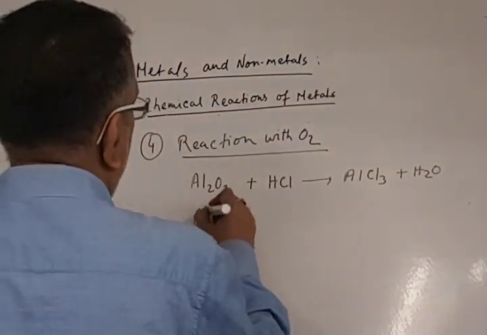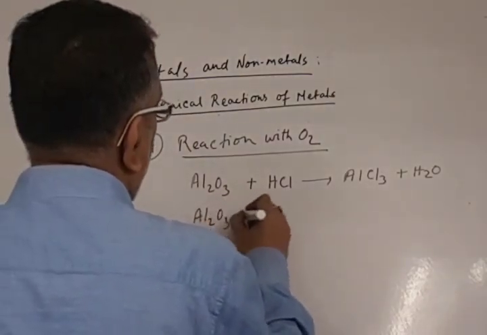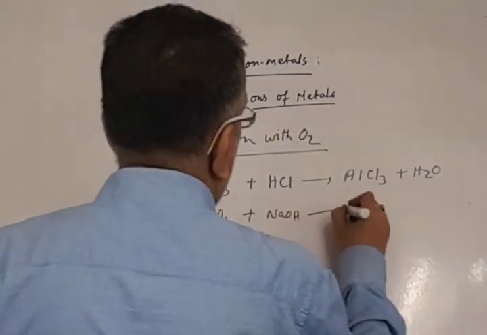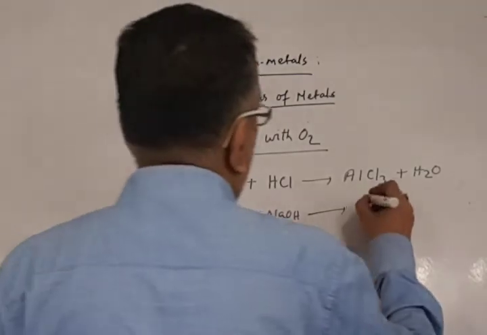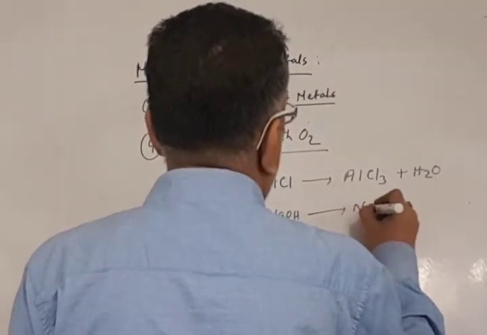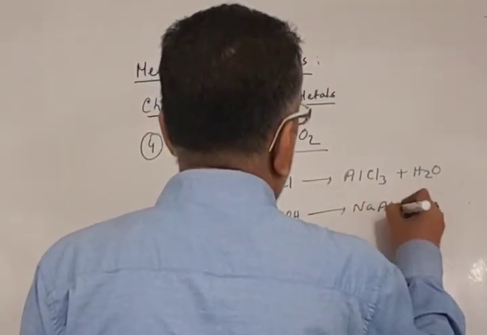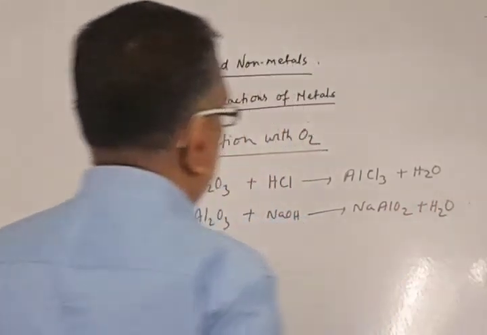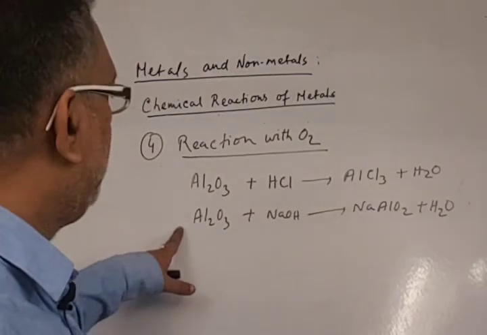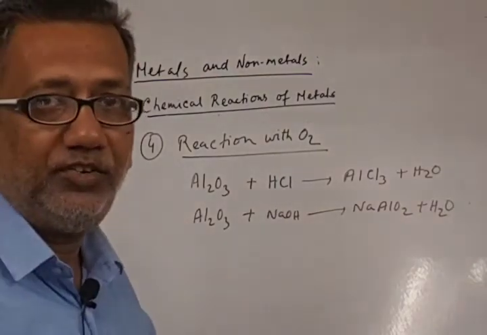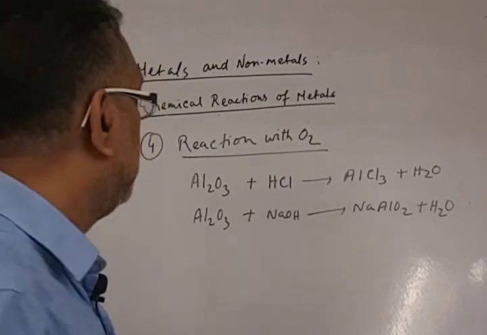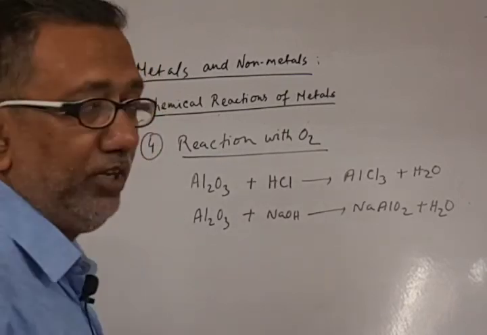Similarly, Al2O3 reacts with NaOH to give NaAlO2 plus H2O. So we see that aluminum oxide reacts with both acid and base, so it is an amphoteric oxide.